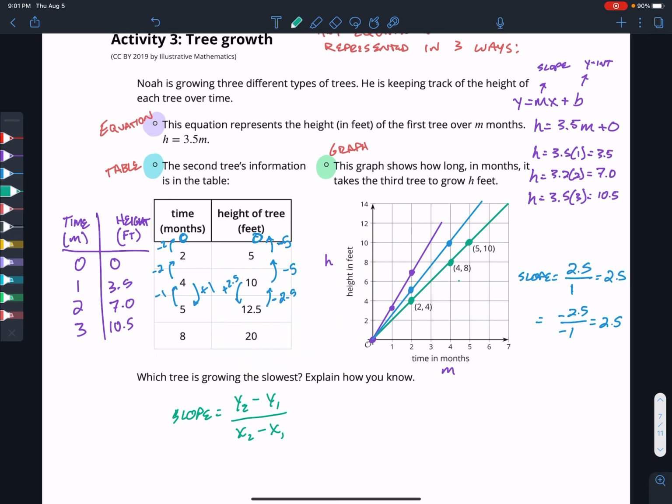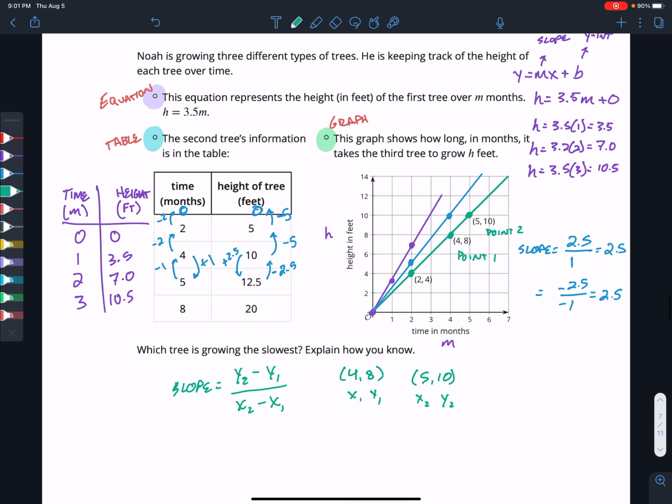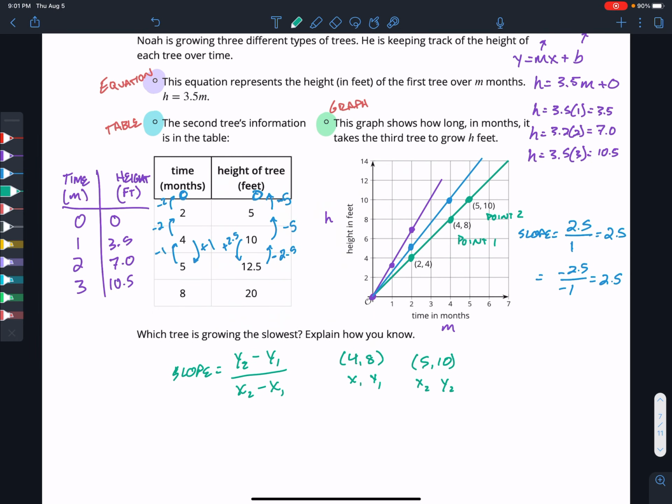Let's call this point 1 and this point 2. You could do it the other way around too. So if I've got point 1 being 4, 8 and point 2 being 5, 10, well, that means this is x1 and this is y1. This is x2, this is y2. So now I just need to drop these things into this equation.